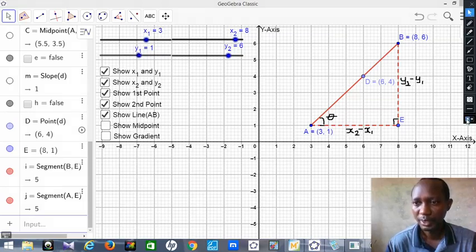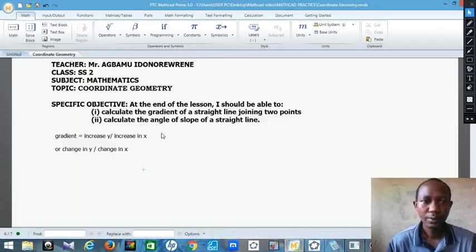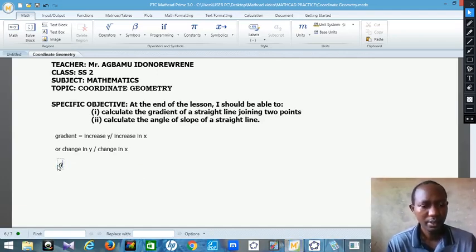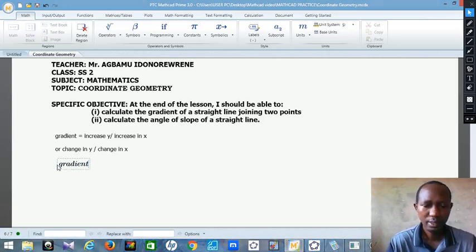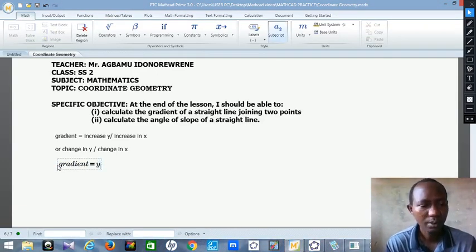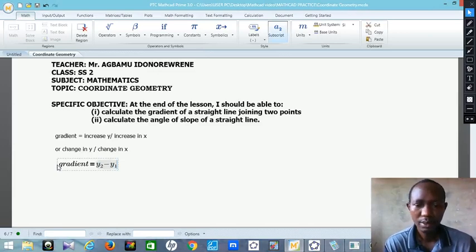Let me remove this statement. If I go to our write-up, you will see that from our explanation, gradient is equal to y2 minus y1 divided by x2 minus x1.